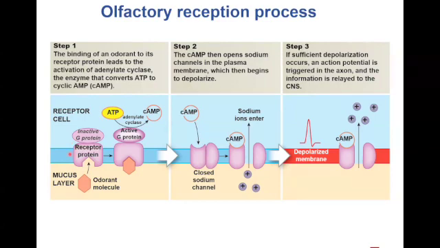We have thousands of different types of receptor proteins that will only bind to specific molecules. If you don't have the receptor protein for that smell, you're probably not going to be able to smell that chemical. So we have thousands of different unique types. We're just saying here that this odorant molecule is going to bind to the receptor protein, and when that happens, we're going to have a chemical reaction.